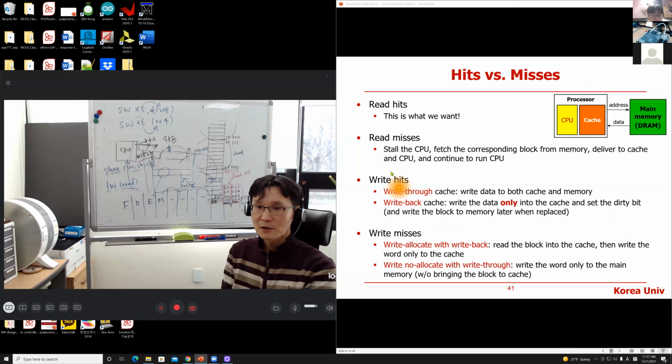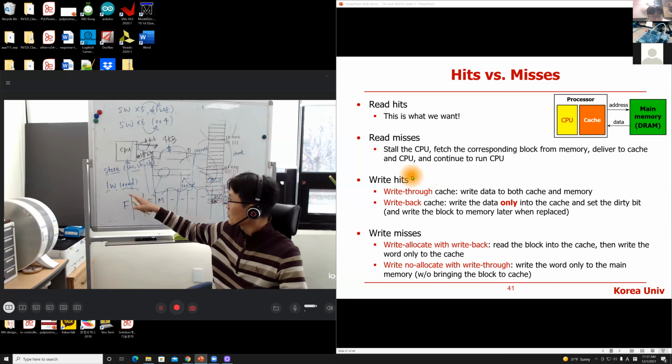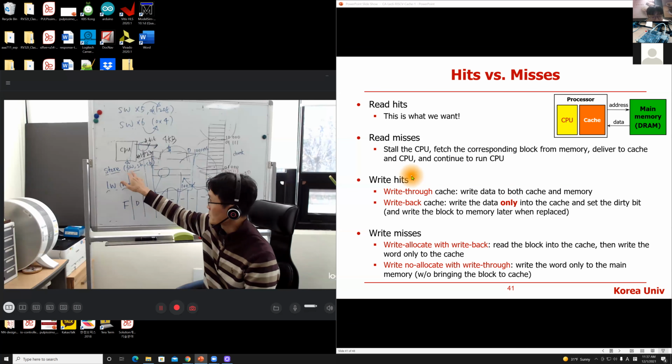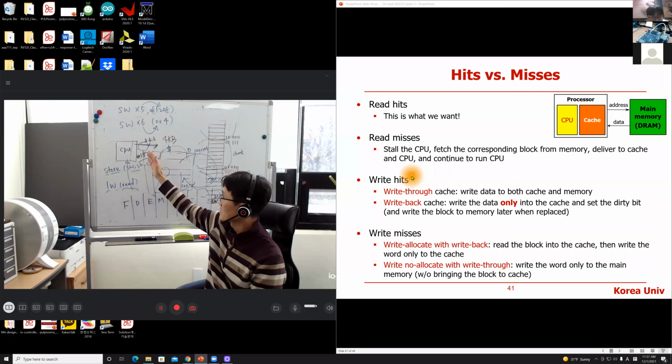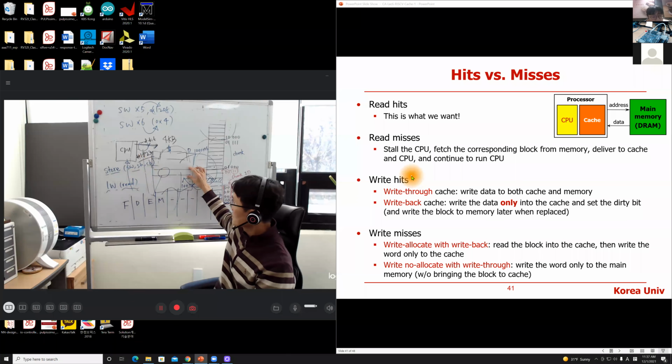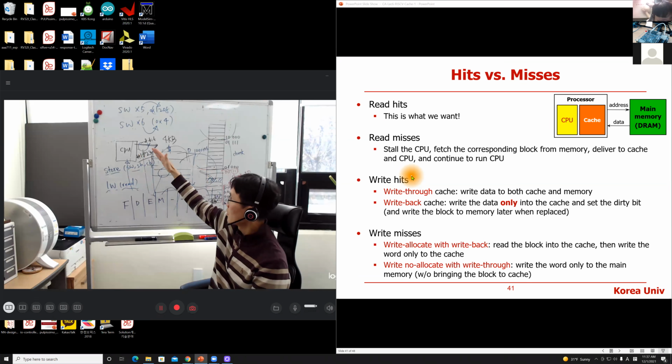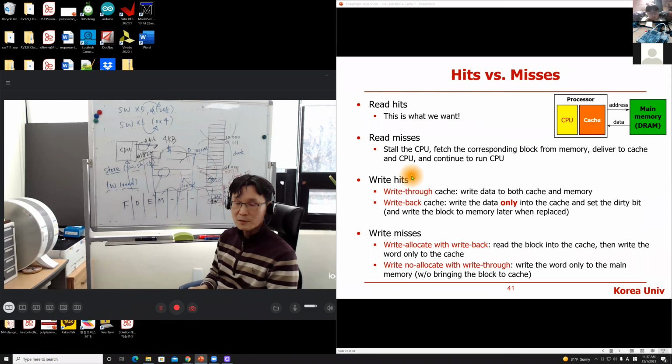Okay, thanks. Write hit first. You are executing a store instruction, then index the cache. The cache contains the valid information, valid and the information you are looking for. Then update, depending on the policy.